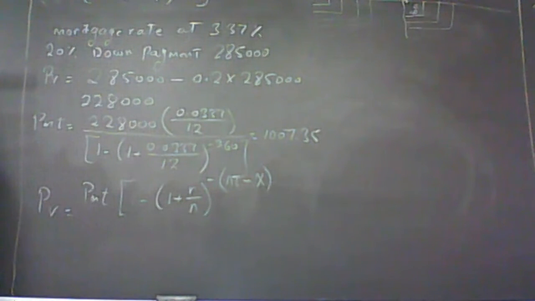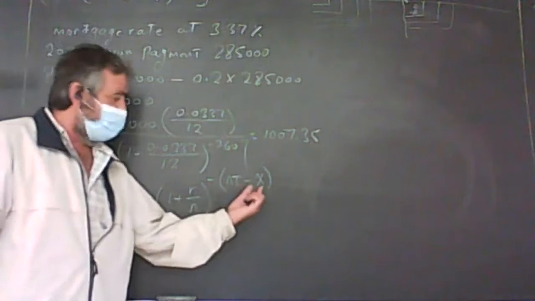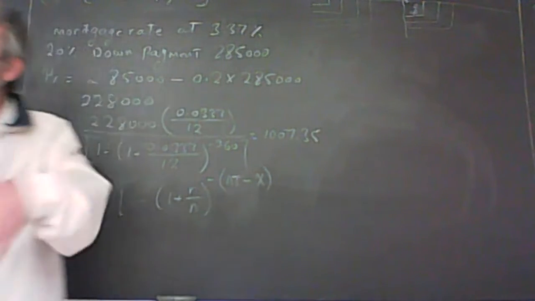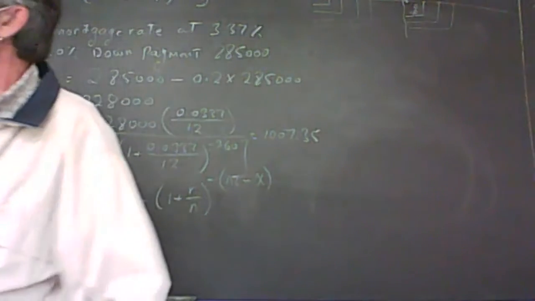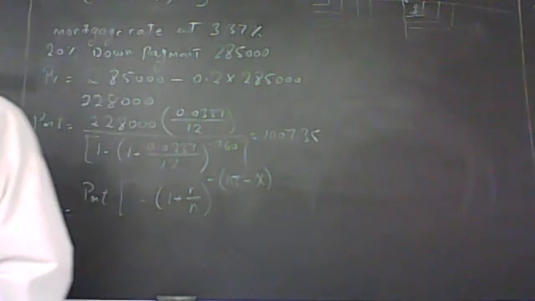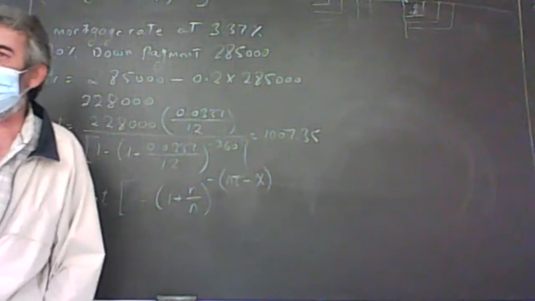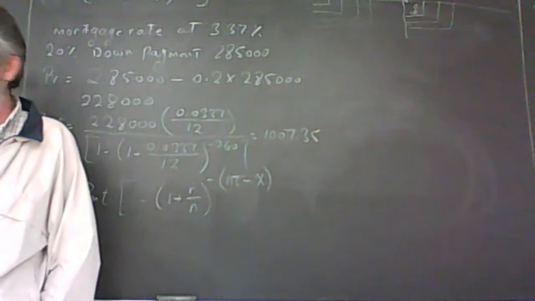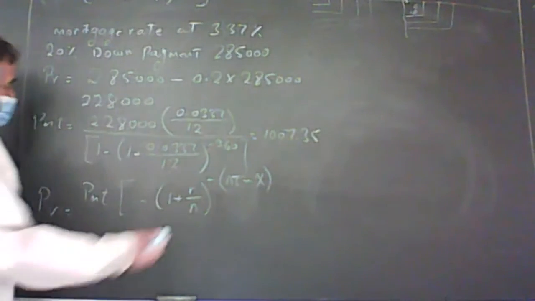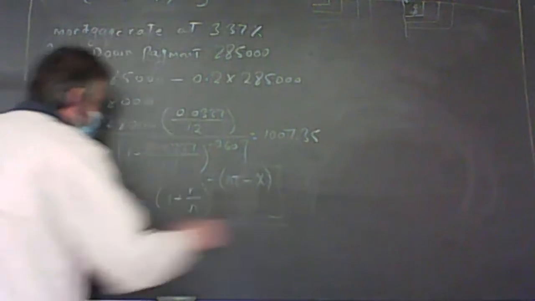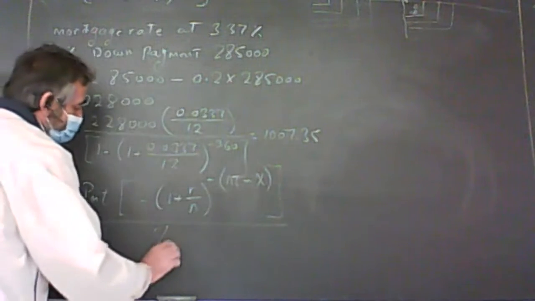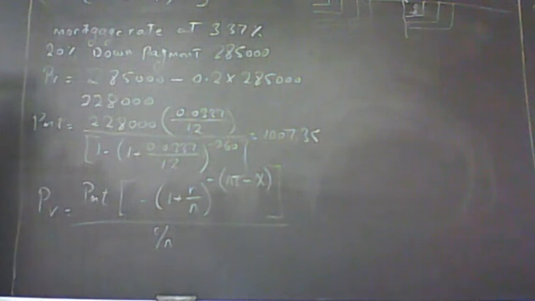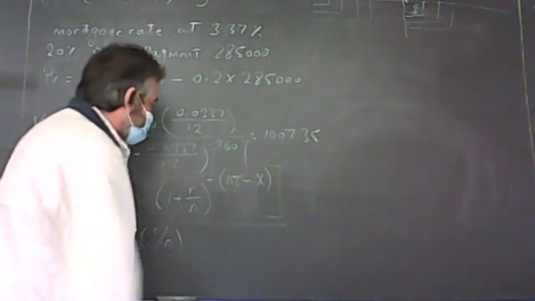X would be how many payments until now. If I say I made 120 payments, the rest of the formula would be the same.